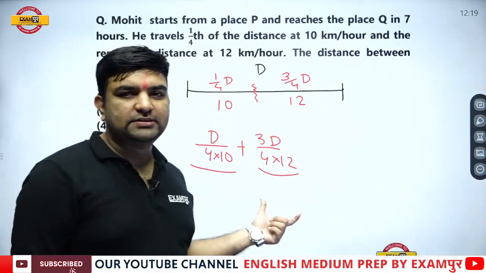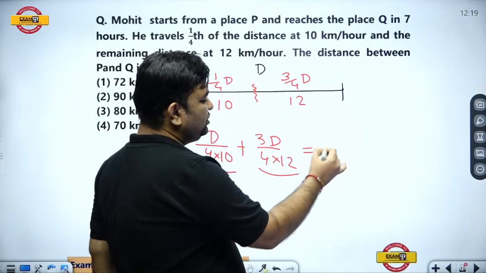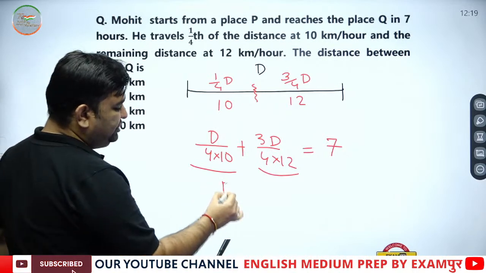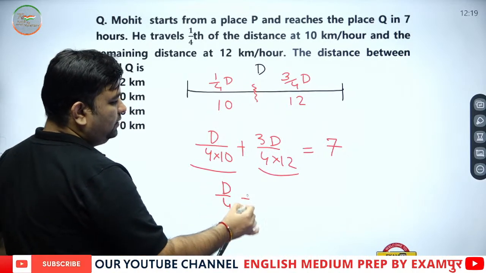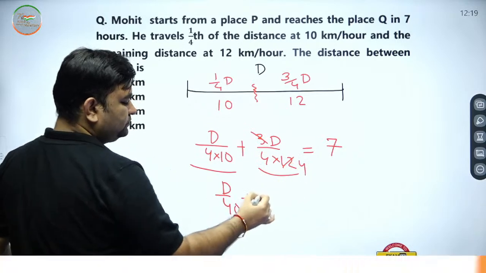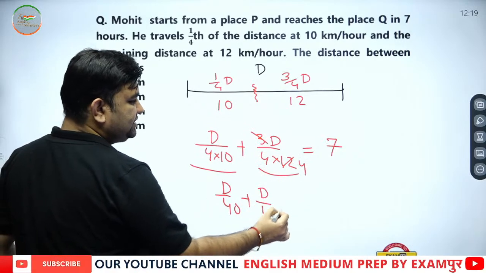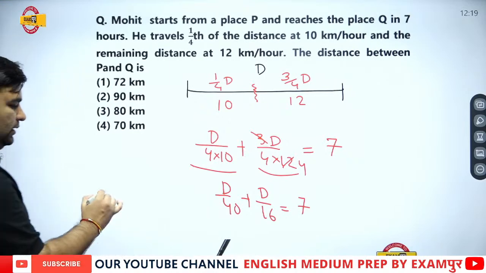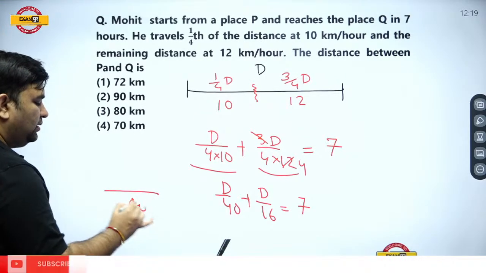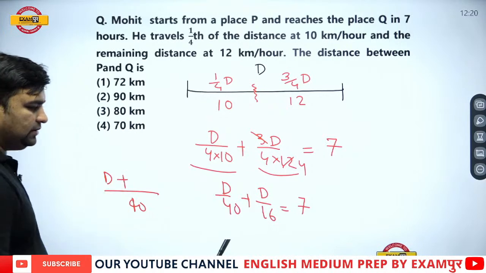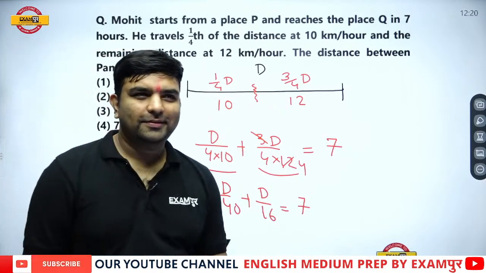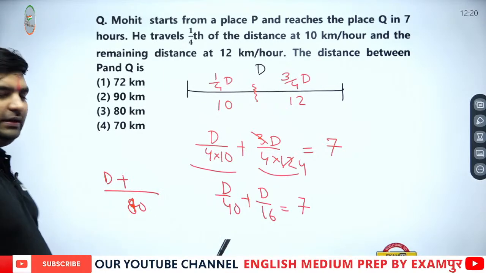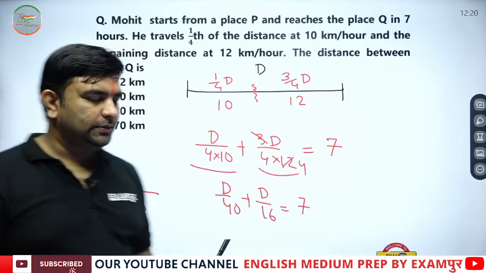The summation of both times is given as 7. So d by 40 plus d by 16 is equal to 7. Take the LCM, 80, a direct multiple of both.